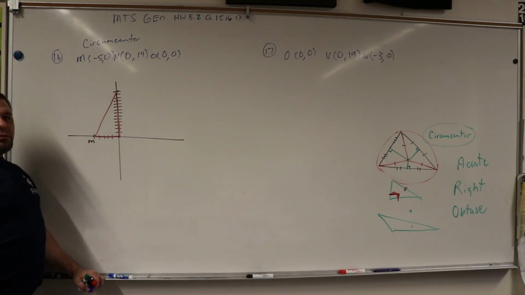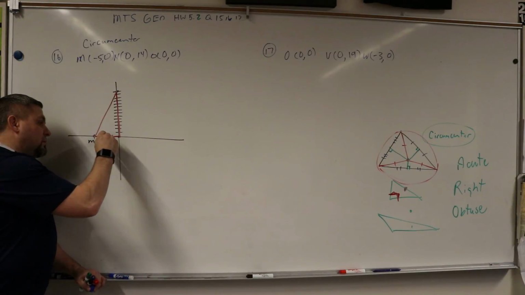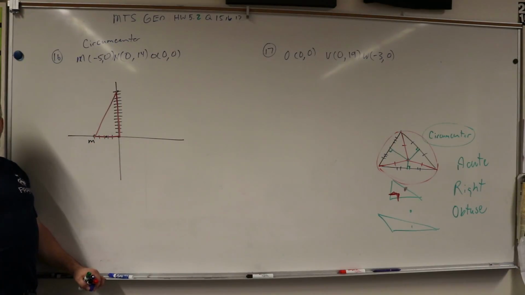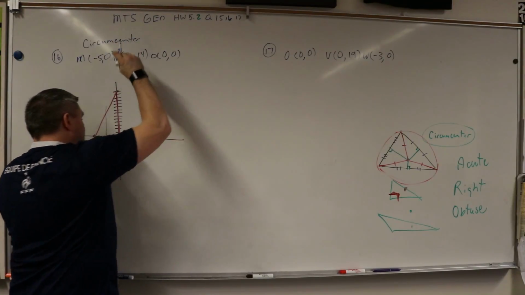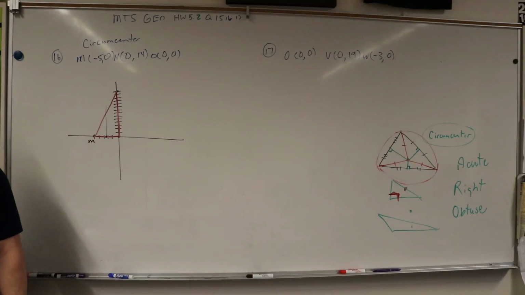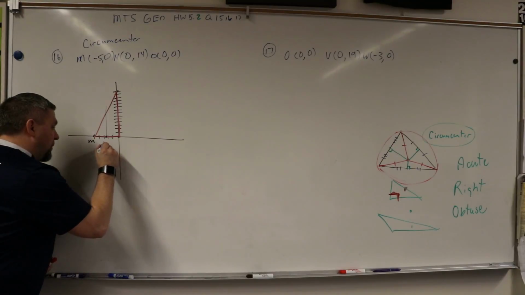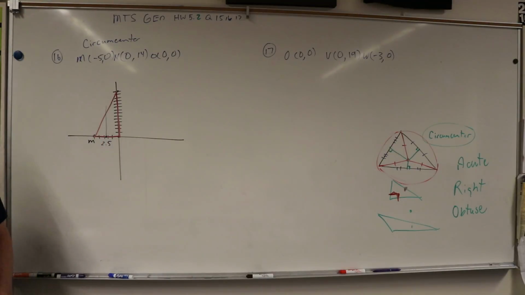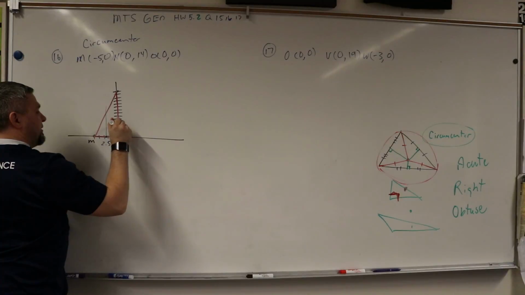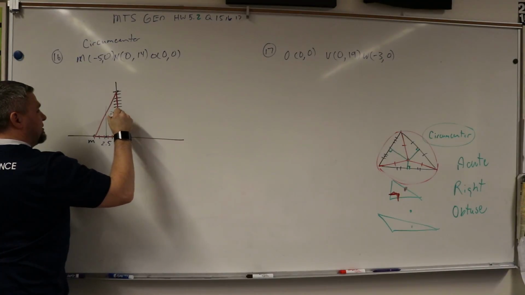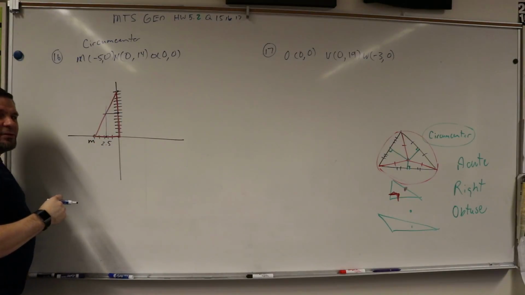So where's the middle? 2.5. And I'm going to go straight up. Right? So this is 2.5. Alright, let's cut that one in half. 14 is 7. 1, 2, 3, 4, 5, 6, 7. Look, they met.